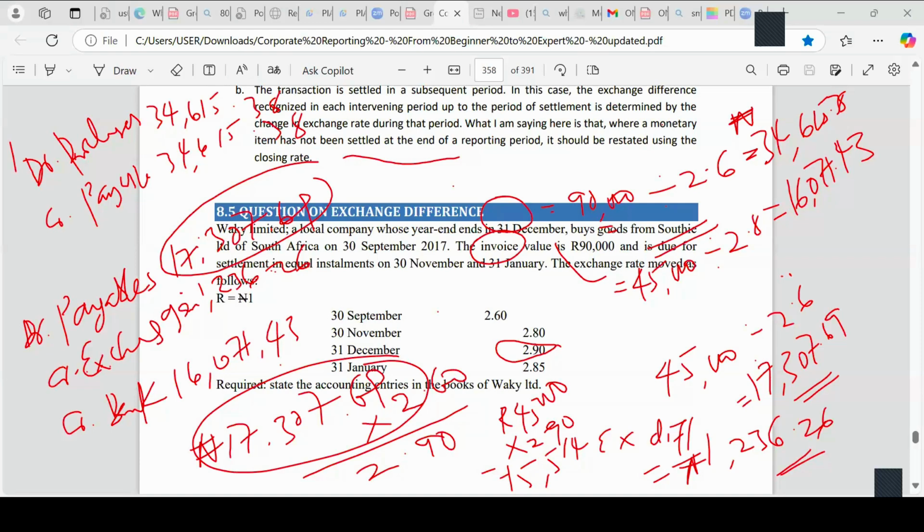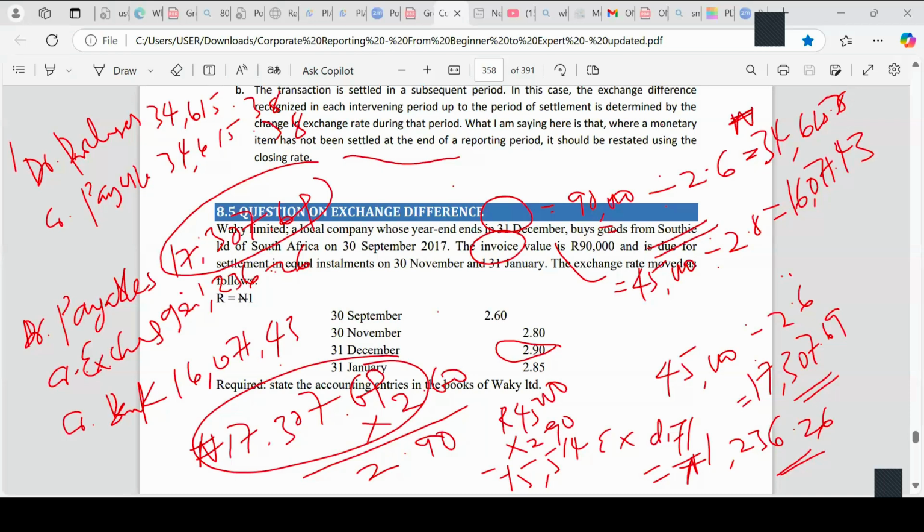The difference between this exchange difference and the one we did earlier is that the one we did earlier, you have already made that payment. So that gain you made is a realized gain. But in this case, you're only recording a gain because you have to translate at the closing date.